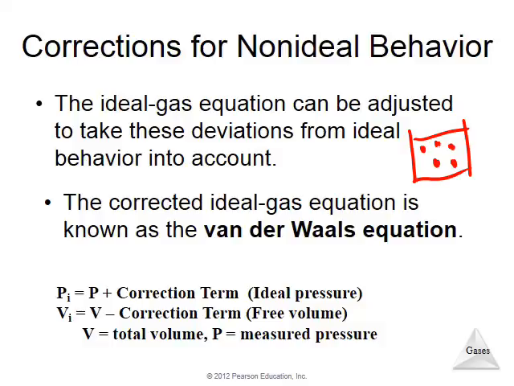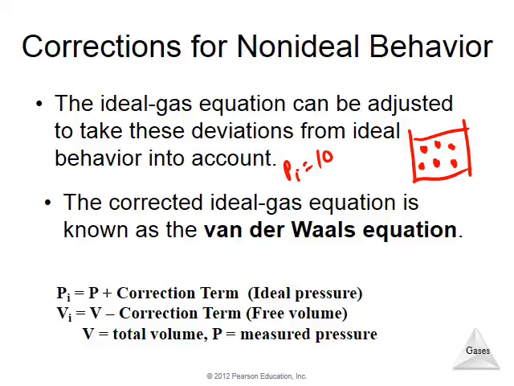First, assume that they don't attract each other, and let's say my ideal pressure equals 10. I'm just making up this number, say 10 units of pressure. That's for ideal gas, which means they don't attract each other.